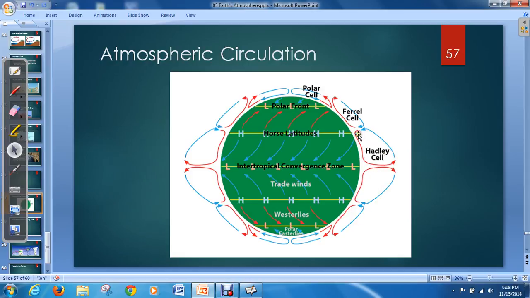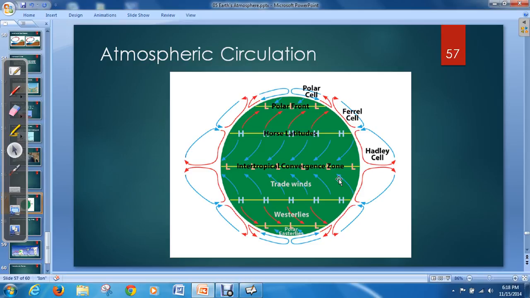So these are global cells, which you call Hadley cells, Ferrel cells, and polar cells. And these are consistent, and they are just caused by simple convection. So this is the general pattern for the entire Earth, right? For the upper atmosphere, you're not going to get a lot of variations because it's very consistent. There's not a lot of interference.